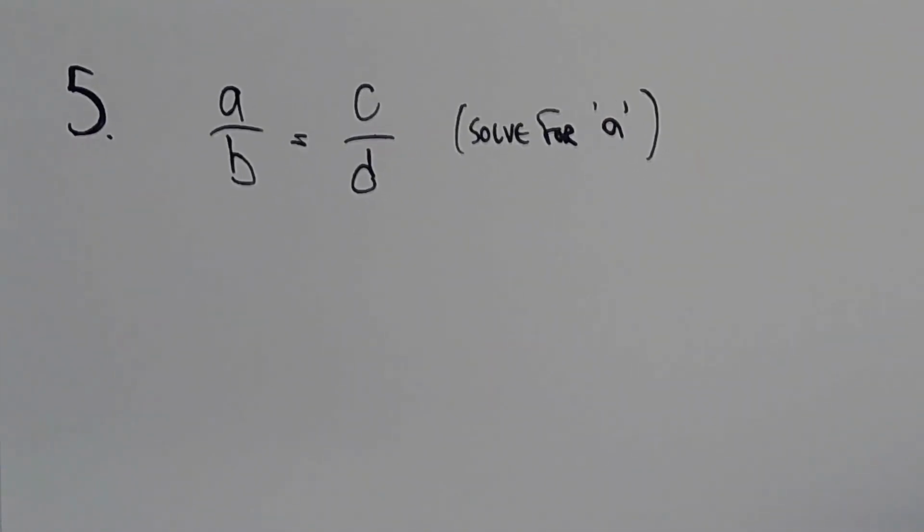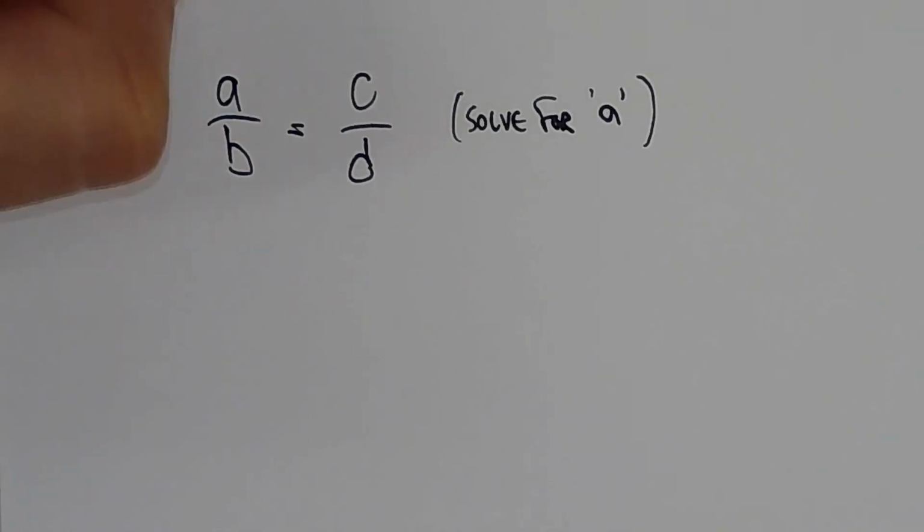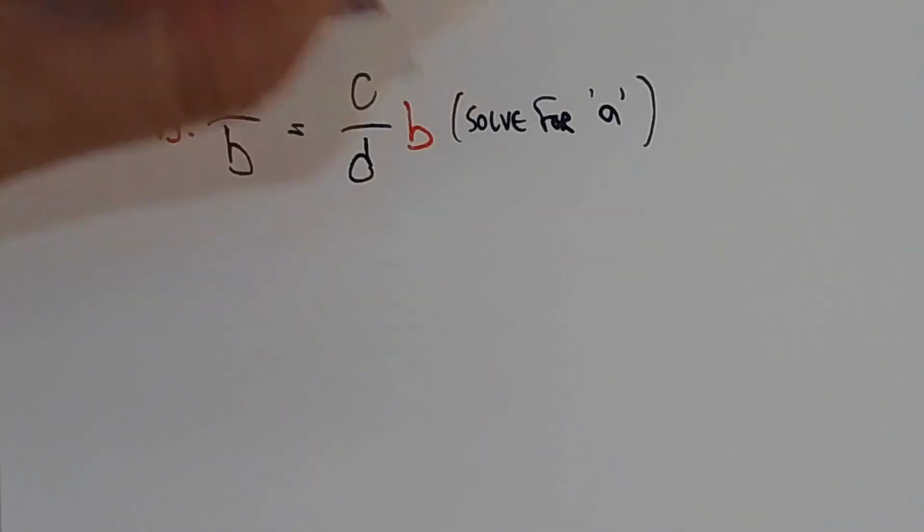Okay, here's number 5. Number 5 asks us to solve for a, and this one's going to be a little bit different. Solving for a, we want to get rid of b in the denominator, so we multiply both sides by b.